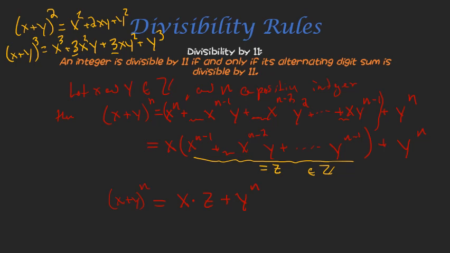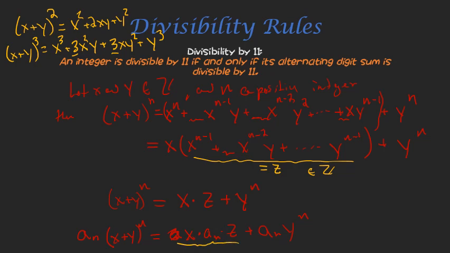And in fact, even if I had a constant out in front of this, it wouldn't look too different. Let's say I had something like a_n times (x plus y) to the n. You'll see why I chose that in a second. Then this would just look like x times a_n times z plus a_n y to the n. It still remains a fact that this term is divisible by x.